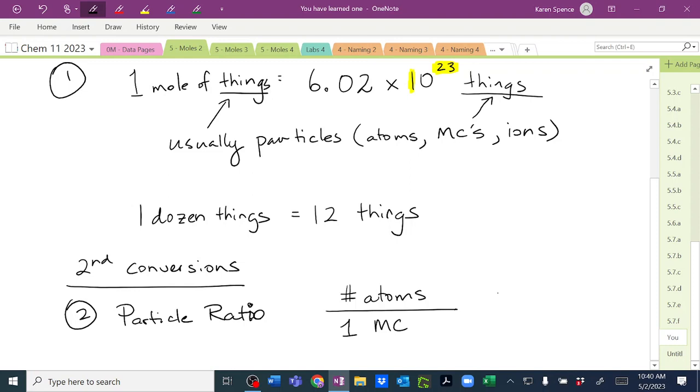Yes? Okay, so it could be the number of atoms per molecule. It could be, and we're going to do this one today, the number of ions in a formula unit.